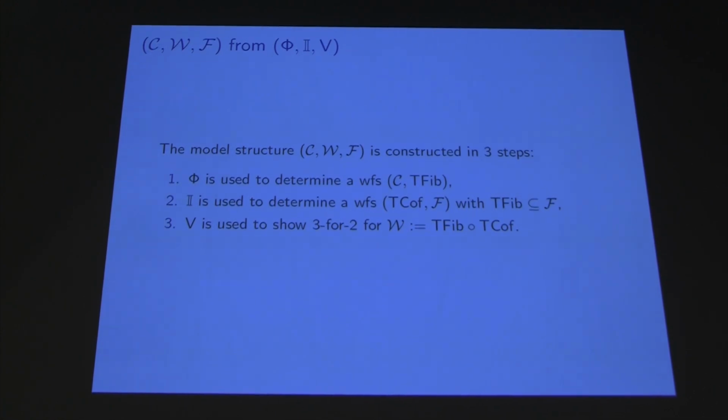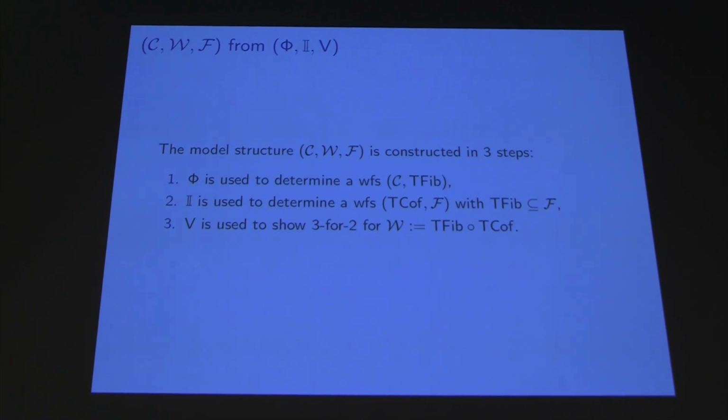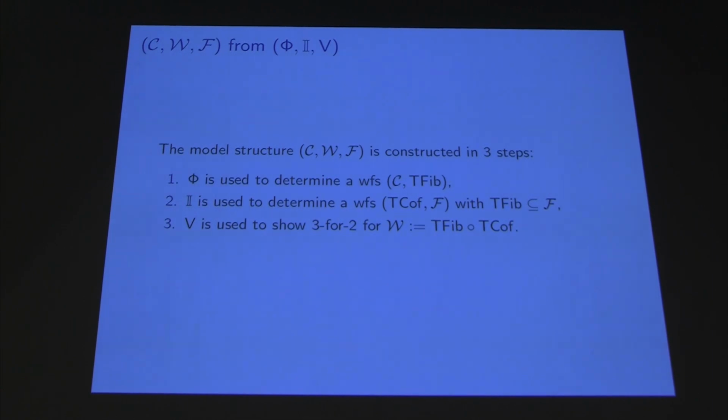These structures that I mentioned determine in turn one weak factorization system of cofibrations and trivial fibrations using this cofibration classifier. The interval, we throw the interval in, then modify the first weak factorization system to get the second one, which gives us the definition of the fibrations, and then the universe is used in the third step where we show the 3 for 2 property.